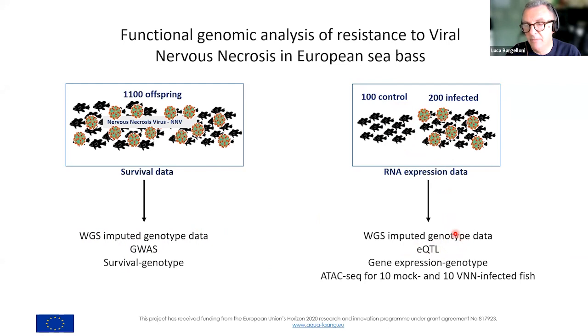So genotype variants which are associated not with the survival, but with the expression of individual genes. Plus, we applied this ATAC-seq for the accessibility of the genome in the chromatin, for both 10 controls and 10 infected fish.